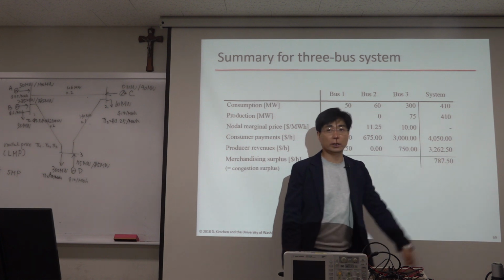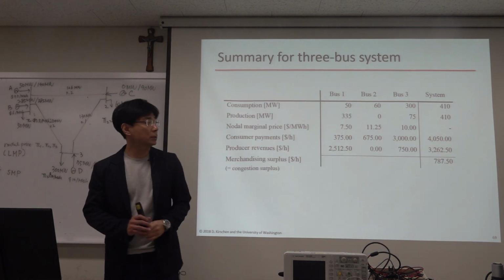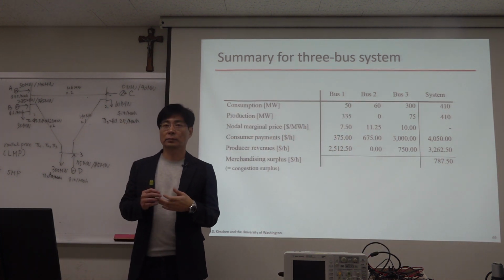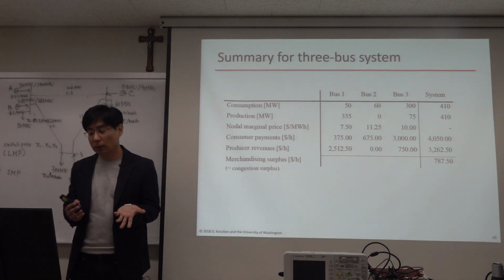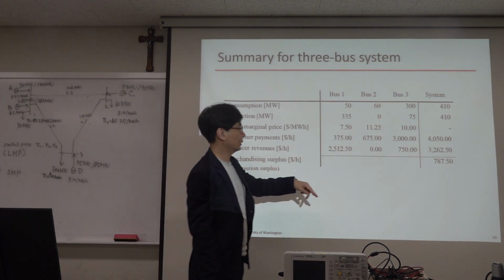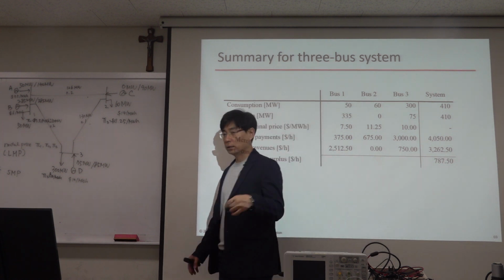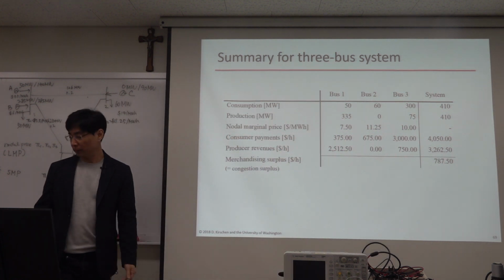And as you see, they are different. And the difference is called what? Congestion surplus or merchandising surplus. This money is collected by the system operator.